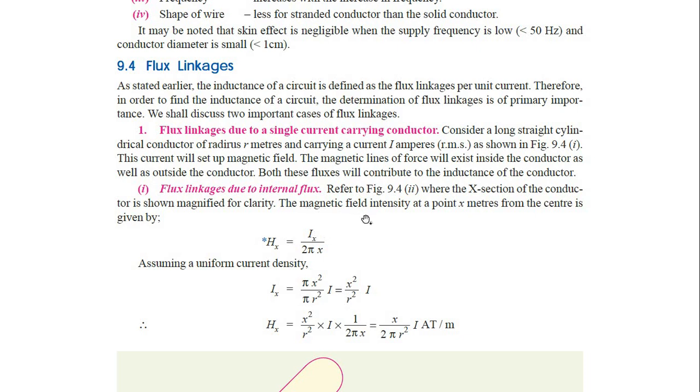The magnetic field intensity H at a point x from the center, that is Hx, is given by I divided by 2 pi x, where 2 pi x is the circumference of the circular conductor.